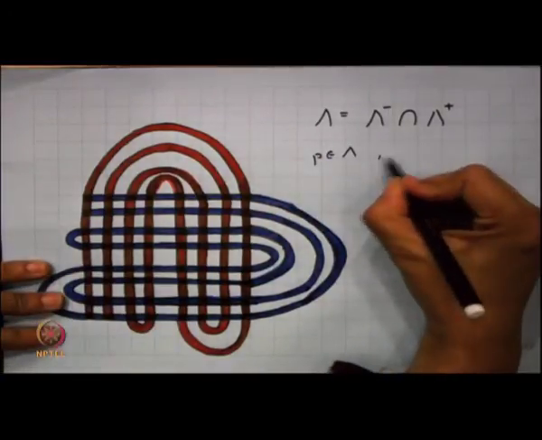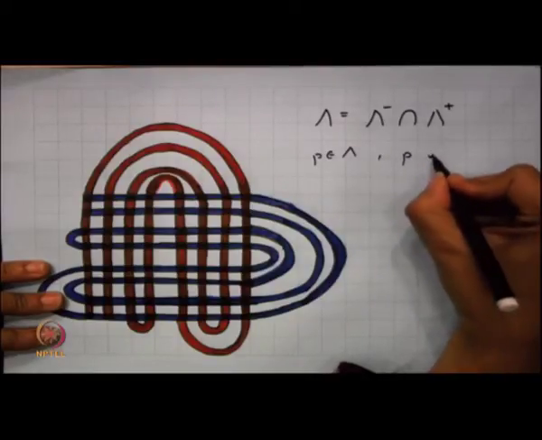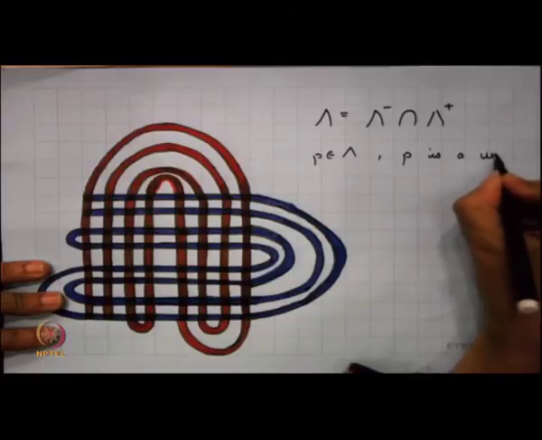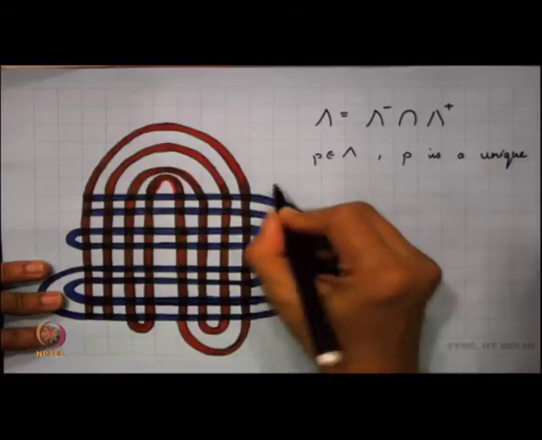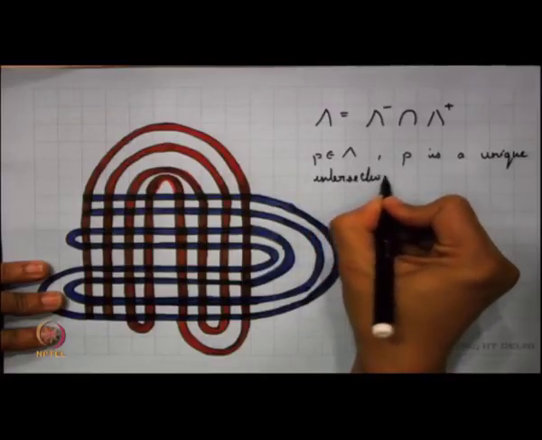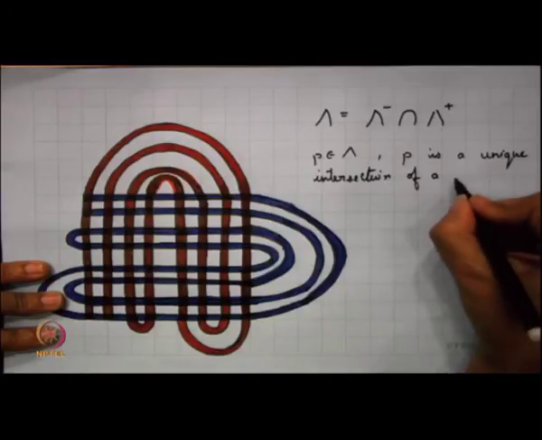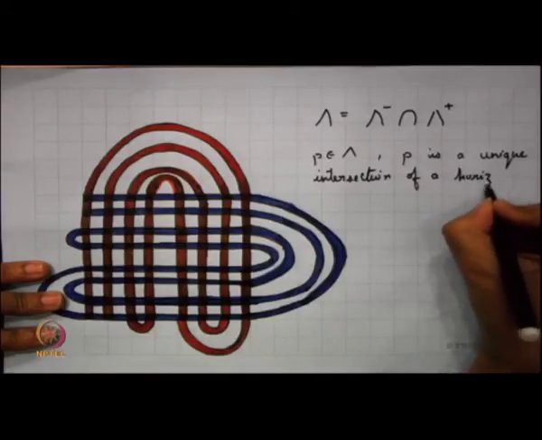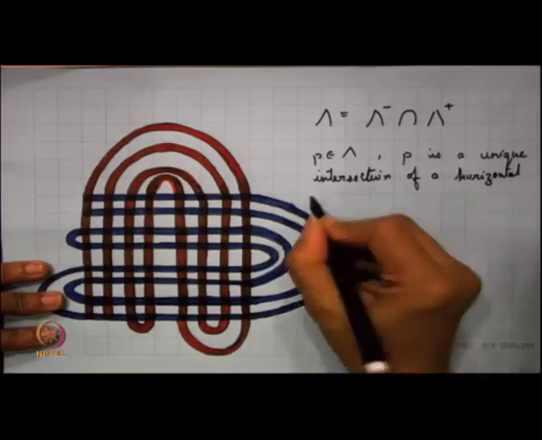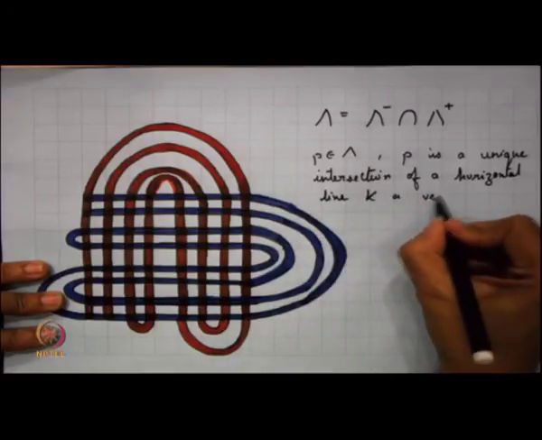So, P is a unique intersection of a horizontal line and a vertical line.